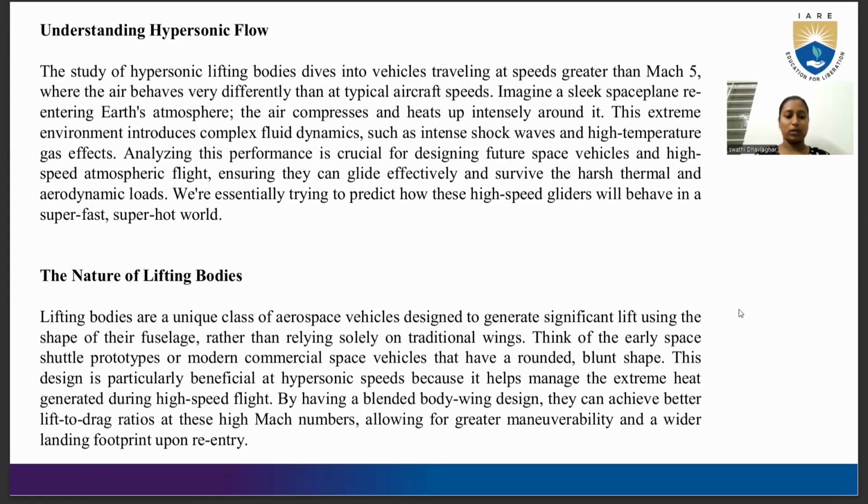This design is particularly beneficial at hypersonic speeds because it helps manage the extreme heat generated during high-speed flight. By having a blended body wing design, they can achieve better lift to drag ratio at high Mach number, allowing greater maneuverability and a wider landing footprint upon re-entry.